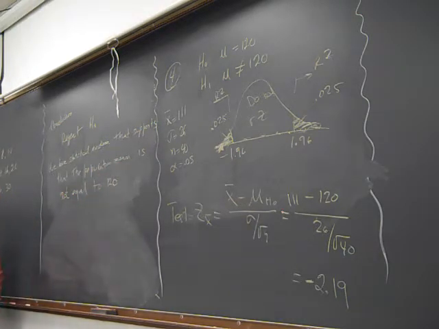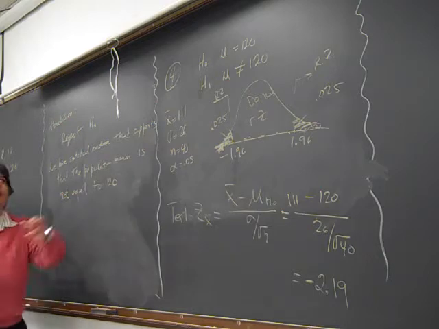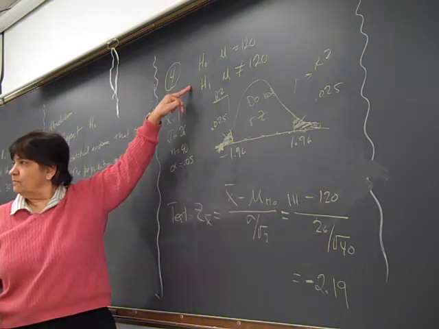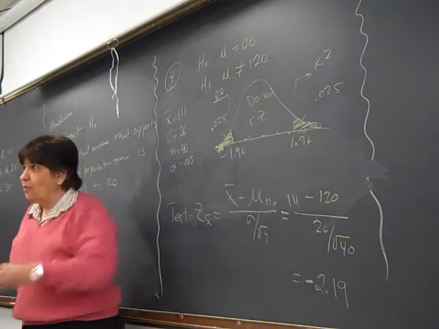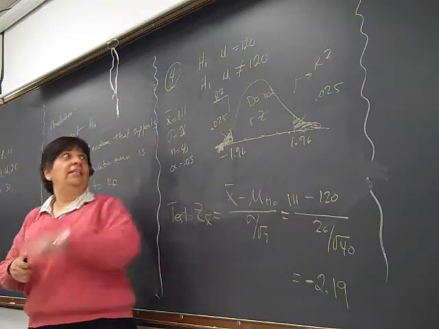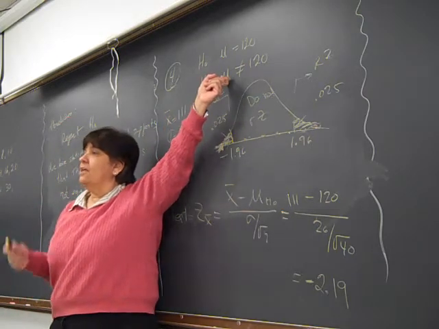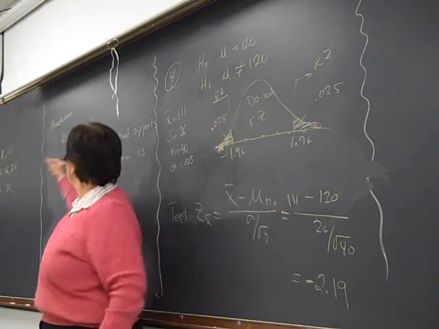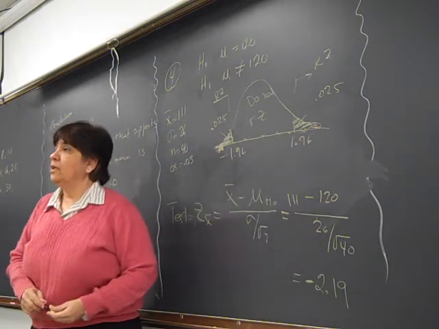So we have evidence that supports the alternative. We have evidence that supports that the population mean is not equal to 120.